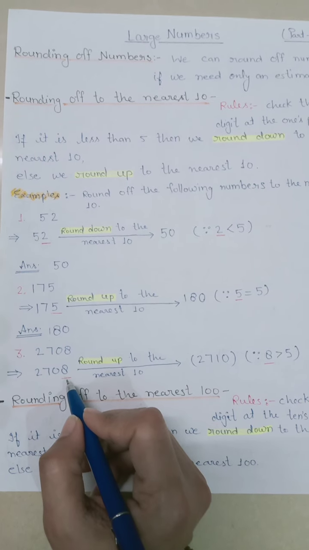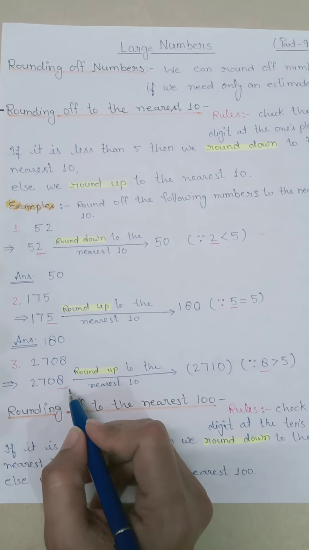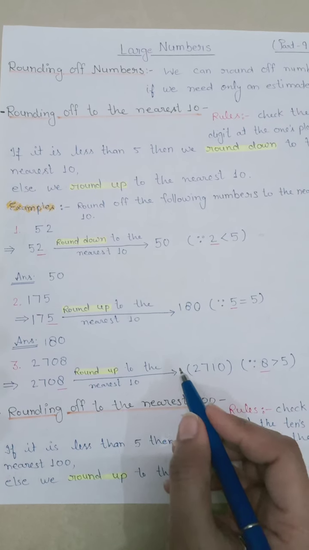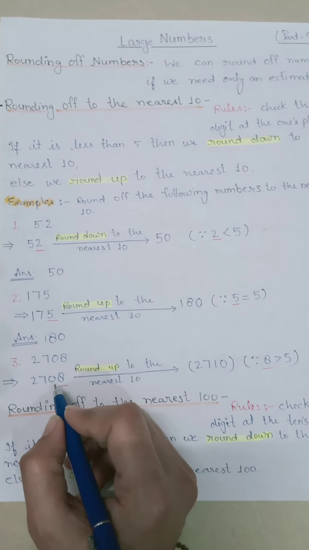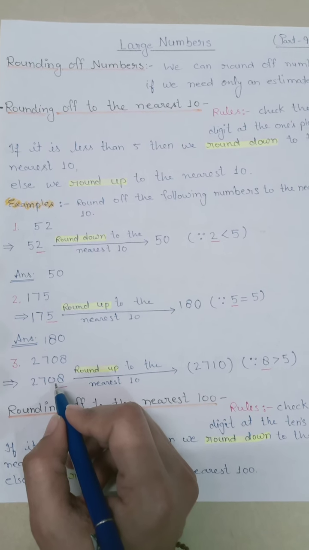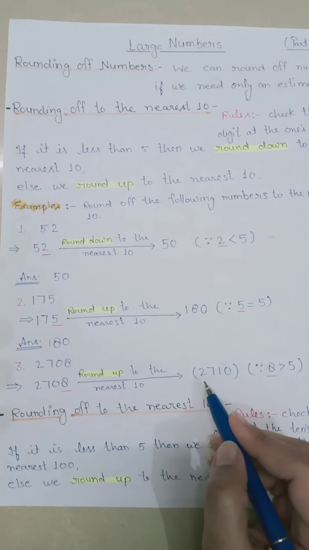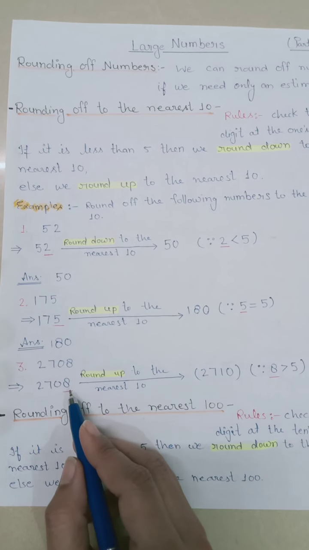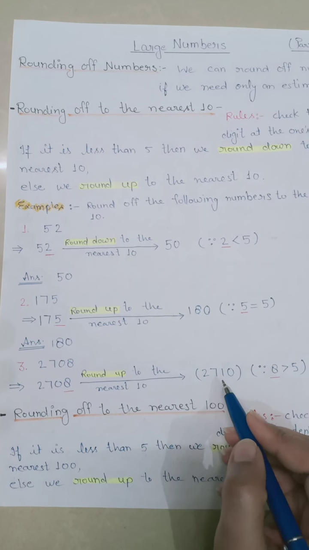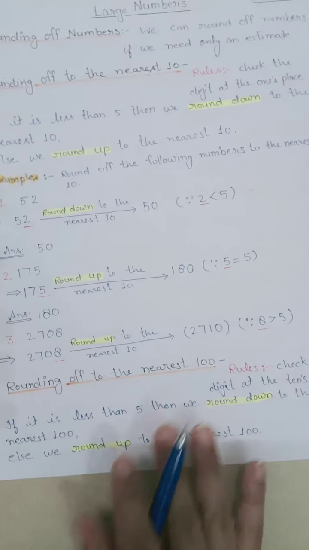It is 8, and 8 is greater than 5. So what should we do here? We have to round up to the nearest 10. Round up means at the tens place one number will be increased, so 0 will be replaced by 1. So 2708 rounded off to the nearest 10 will be 2710. Got that?